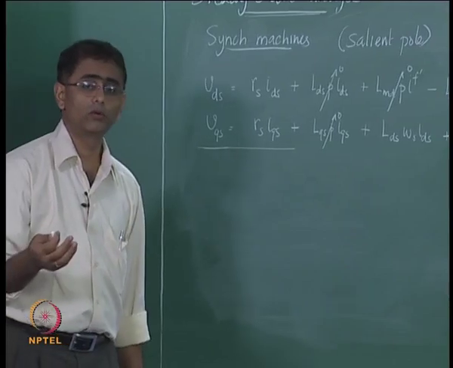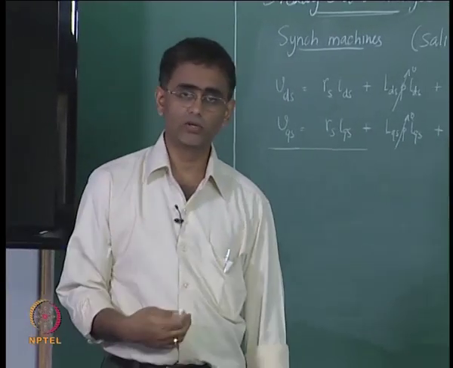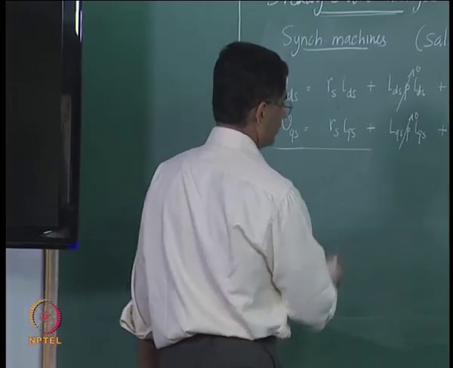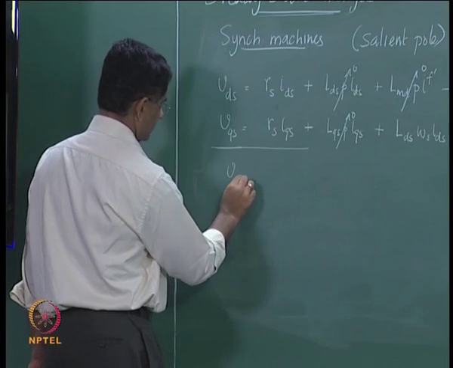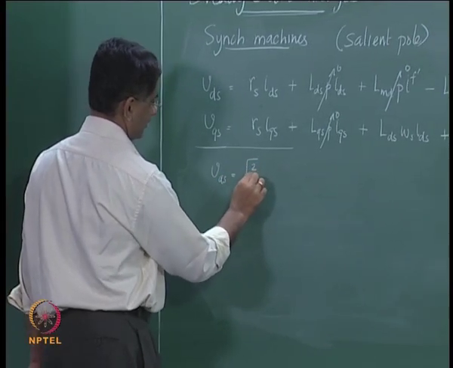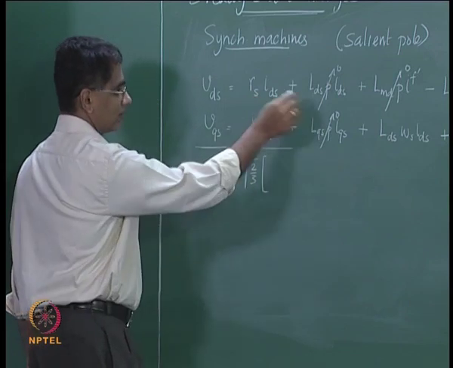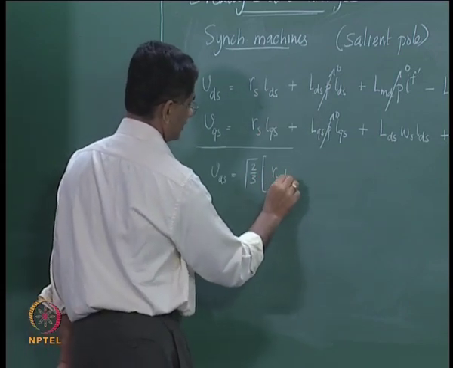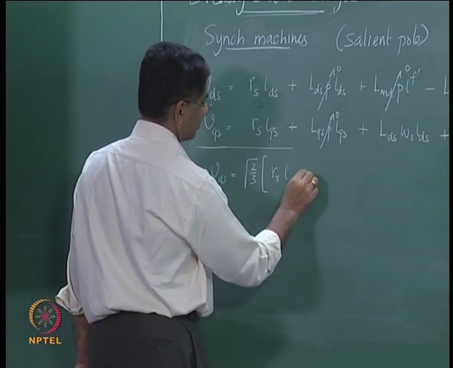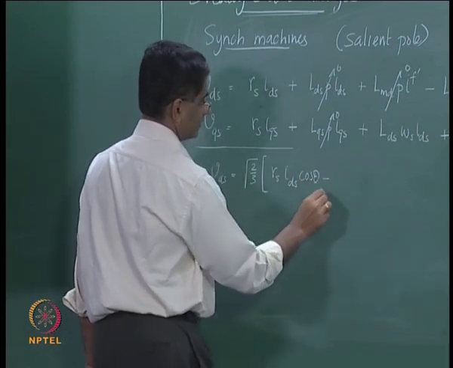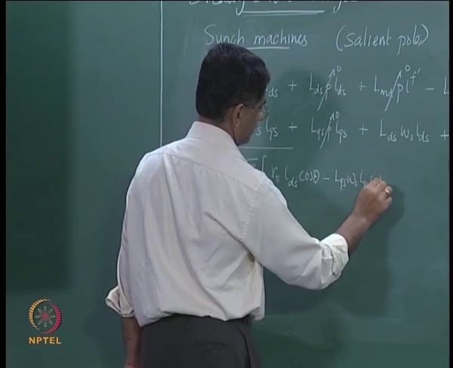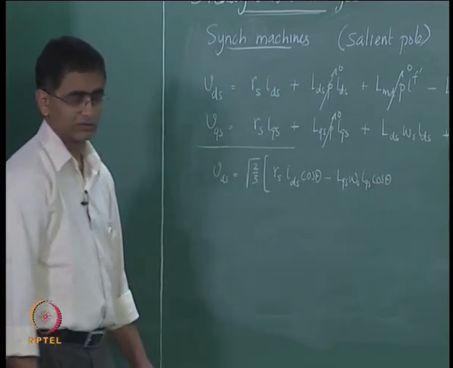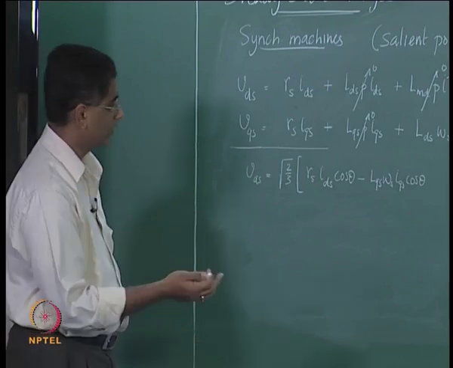Now what we want is the A phase voltage, and how do we get the A phase voltage? We proceed with the same route. If you want the A phase voltage, it is root 2 by 3 times all this, and therefore Vas is nothing but root of 2 by 3 times this into cos theta. So Rs Ids cos theta minus Lqs omega s Iqs cos theta, that is Vds cos theta, and then you have to do minus Vqs sin theta.